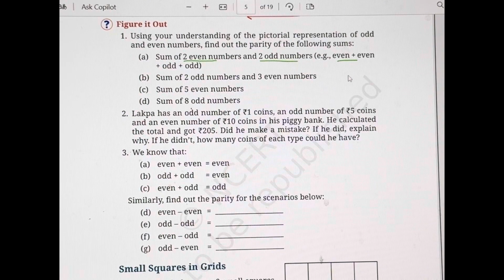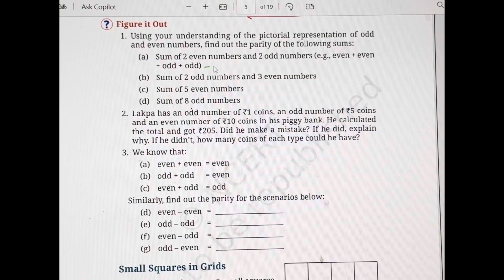Even plus even is even, and odd plus odd is also even. And even plus even was already even. Right, that we saw in the previous video. But what you can do when such things are given, you can take examples of small numbers and decide whether the answer will be odd or even.